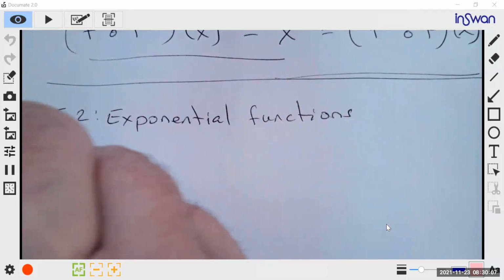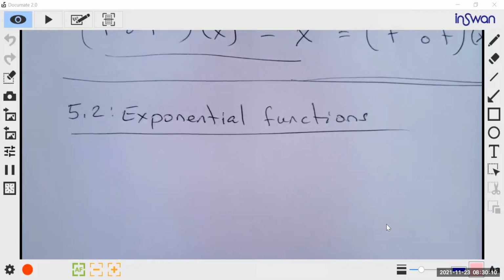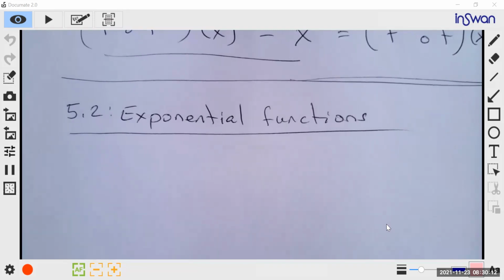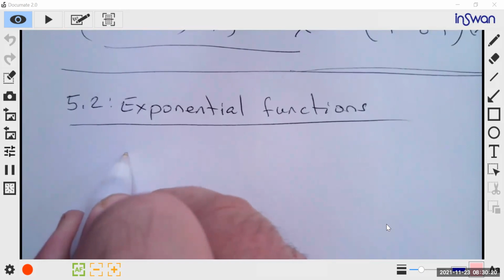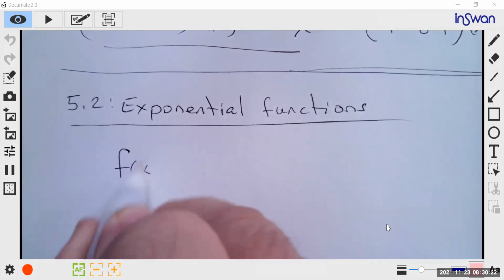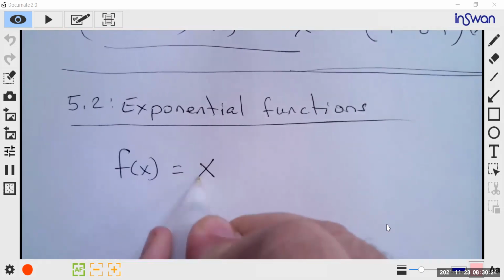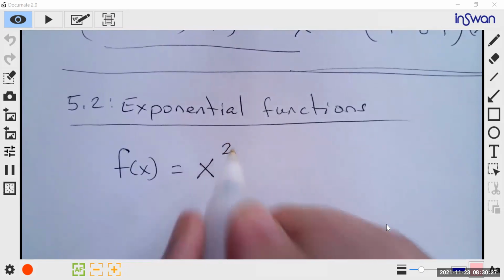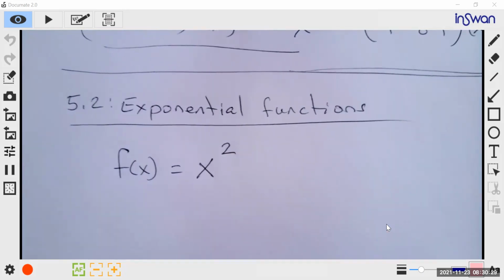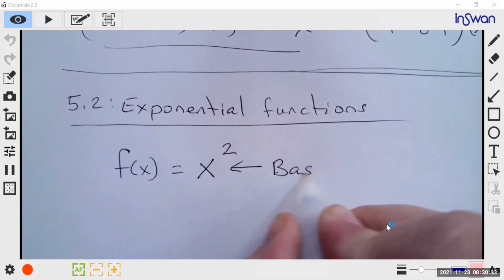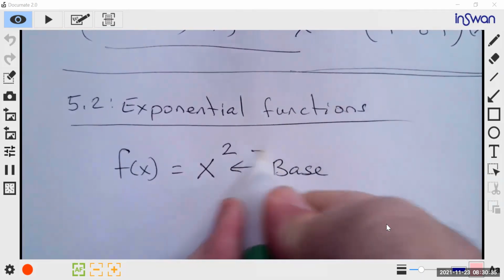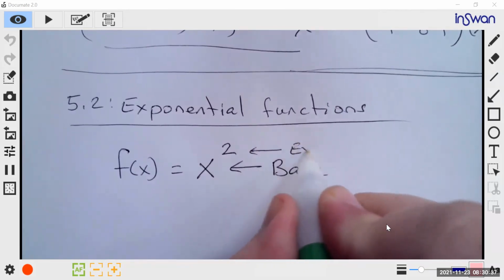Now section 2, exponential functions. Until now, all of our equations looked something like this, where x is what we call the base, and we had a number as the exponent.